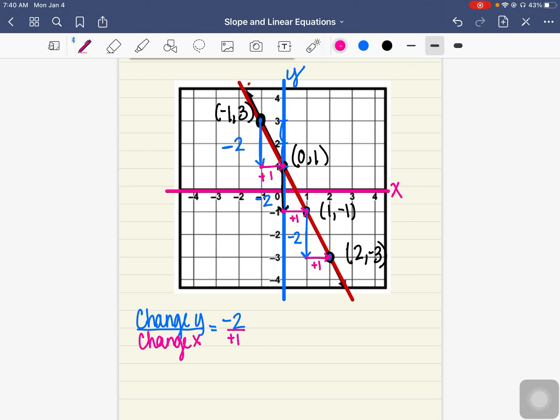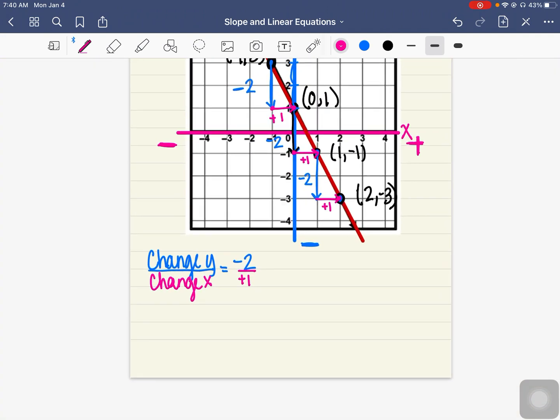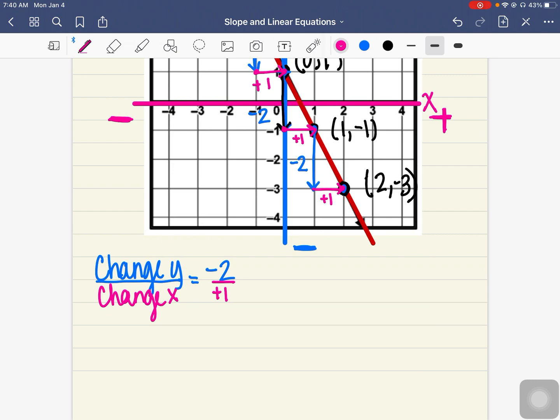Okay, so just remember, when you go up, it's positive. When you go down, it's negative. When you go to the right, it's positive. When you go to the left, it's negative. And if you can remember that, and you can count squares, you can figure out the change in y over the change in x. And let's simplify this.